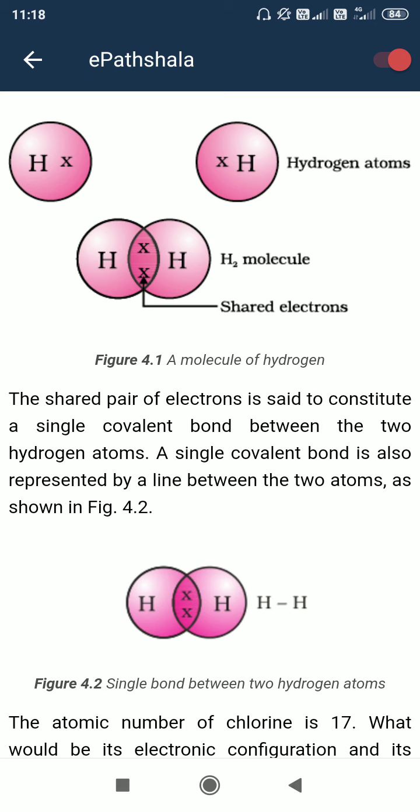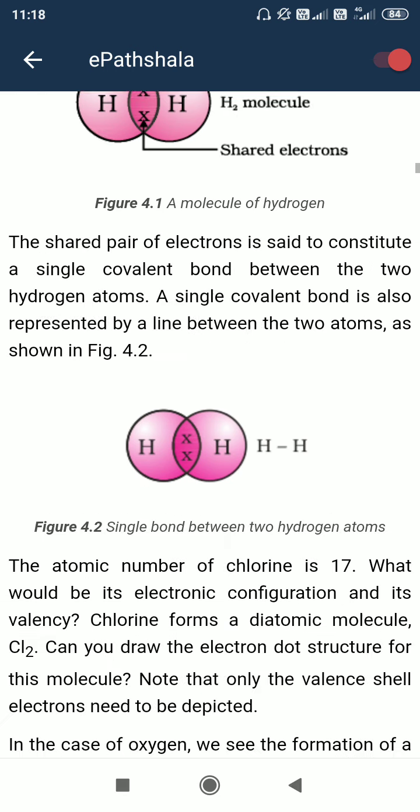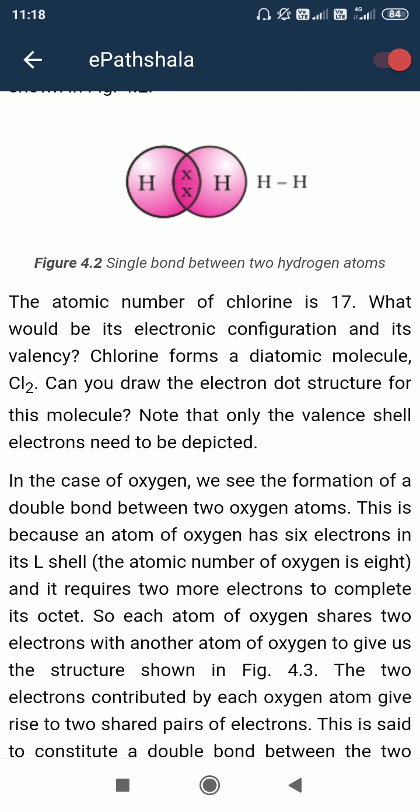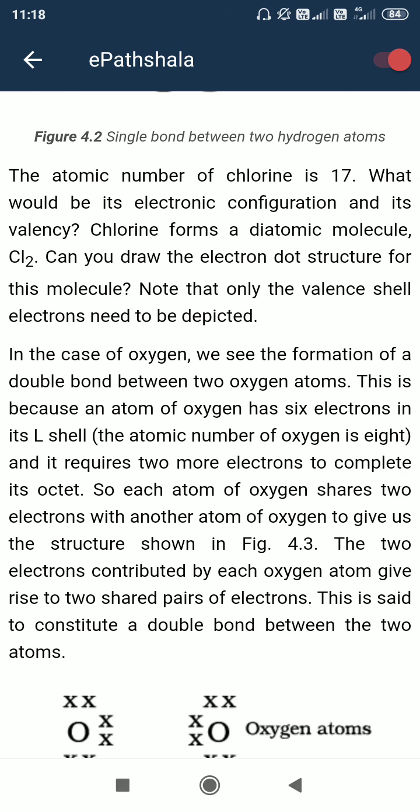That's why the hydrogen molecule is formed, H2. So each hydrogen atom is using an electron from another hydrogen as its own. Thus the bond is formed. One bond means 2 electrons. So you can see, thus hydrogen is formed. Here hydrogen is H-H, the single bond between 2 hydrogen atoms.